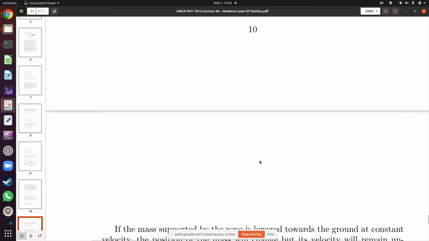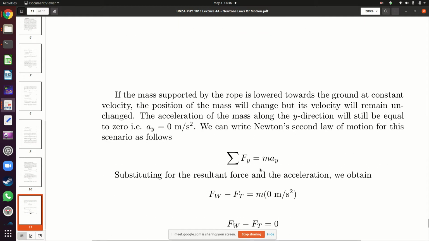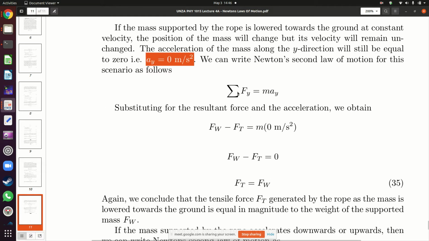If, on the other hand, our mass is lowered down, it moves, but it's lowered down at constant velocity, then again the acceleration ay is equal to 0 meters per second squared. We can make substitutions in Newton's second law of motion.